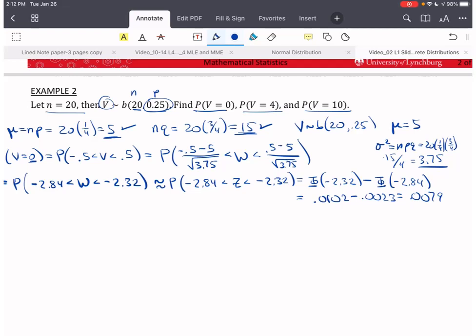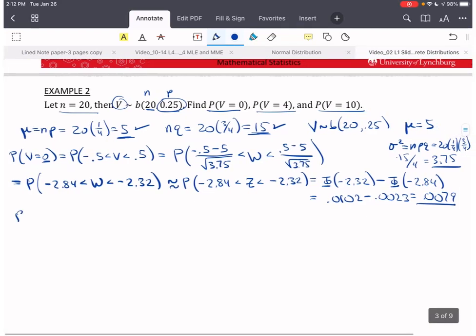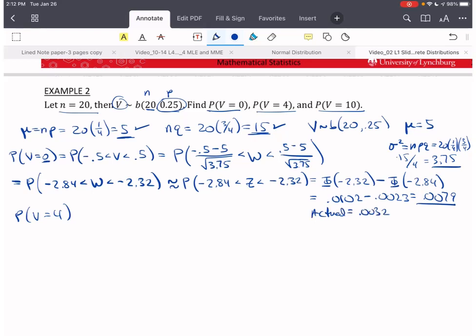Now, by the way, if you calculate this up, the actual is equal to 0.0032, and so we have a 146.9% error.